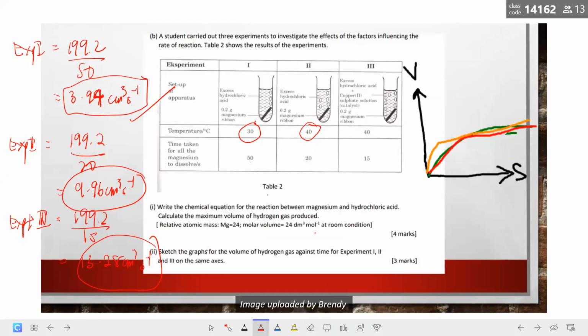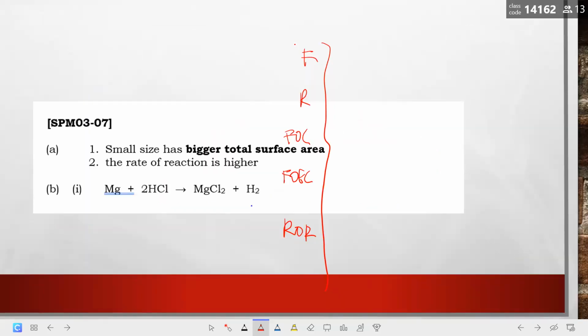No. You're comparing only experiment 1 and experiment 2 only. Temperature. Correct. So give me the sentence. The temperature is higher where? The temperature in experiment 2 is higher compared to experiment 1. Correct. Wait. Go line by line. Temperature in experiment 2 is higher than experiment 1.